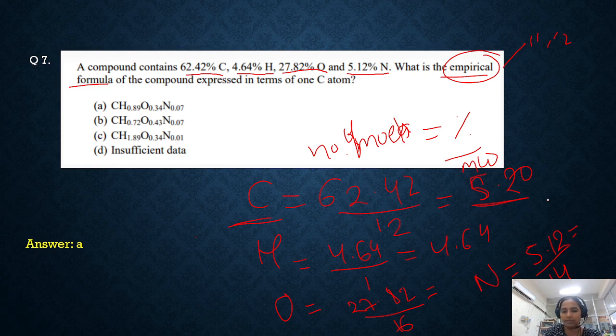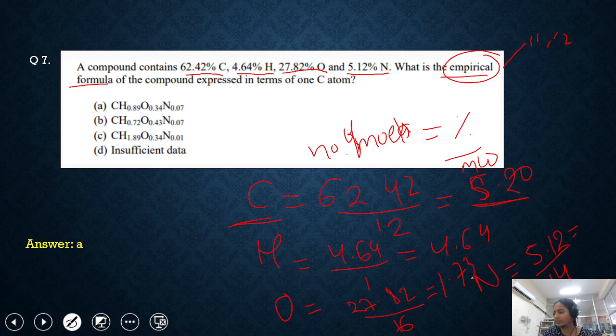Oxygen 1.73. Okay, 1.73. Nice. Then nitrogen, 0.36. Fine.